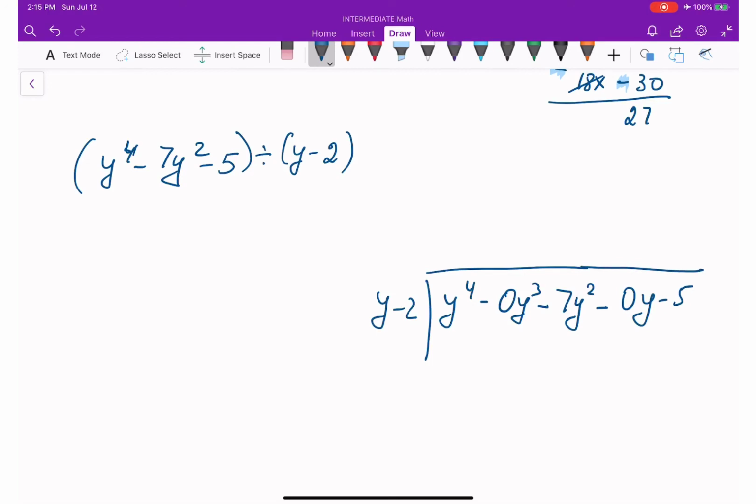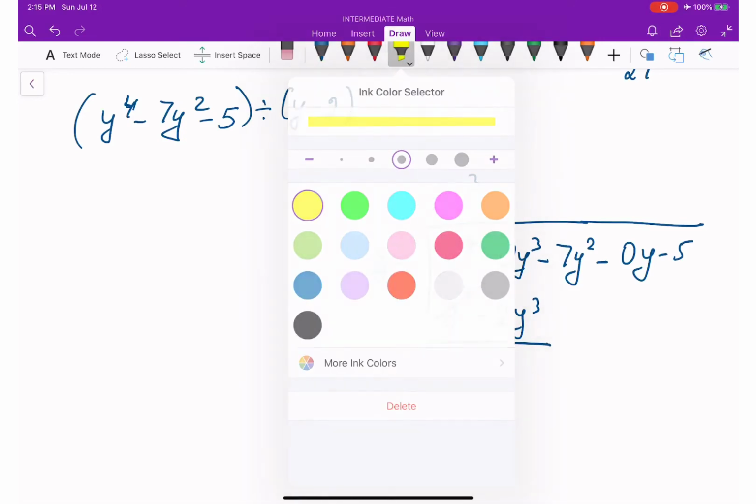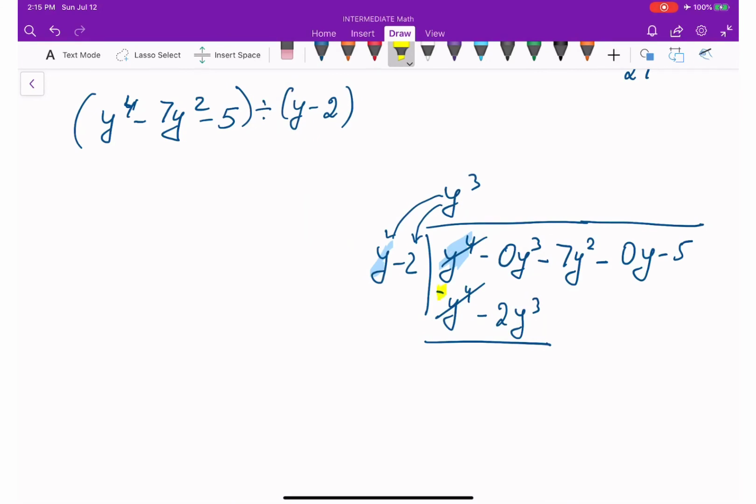Okay, so y to 4 divided by y is going to be y cubed. So y times y cubed is y to 4, and y cubed times negative 2 will be negative 2y cubed. Subtracting, y to 4 is gone, and minus with minus will be plus. So 0 plus 2y cubed is going to be 2y cubed.